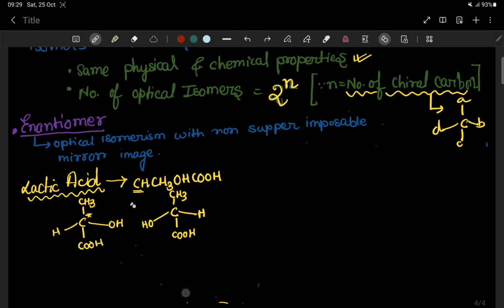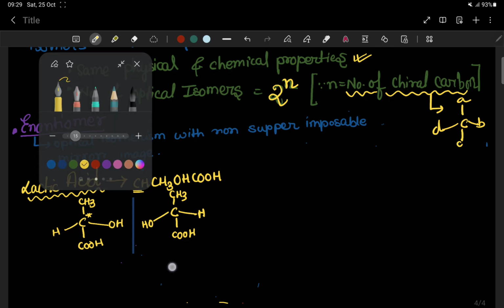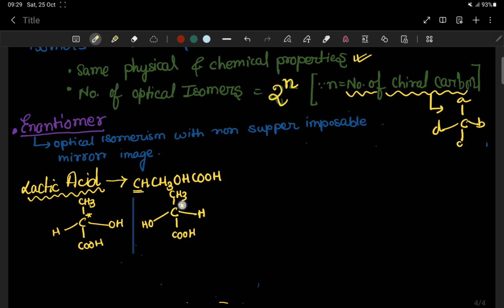So this is our chiral carbon, as you can see. The C is our chiral carbon. And how is it going to rotate? You can see here, there is one chiral carbon present, so 2 isomeric forms. That means 2 to the power n with n equal to 1, that is 2 to the power 1, which is 2. These are the two forms that you will get.